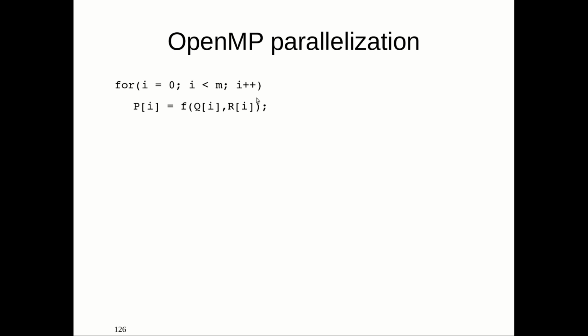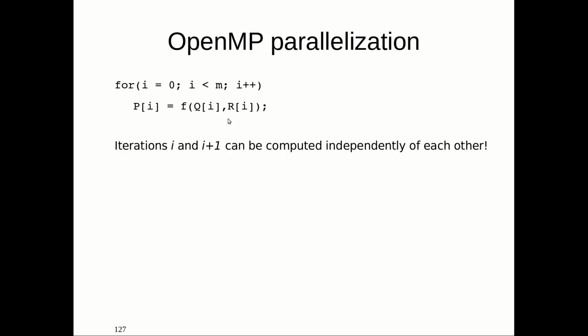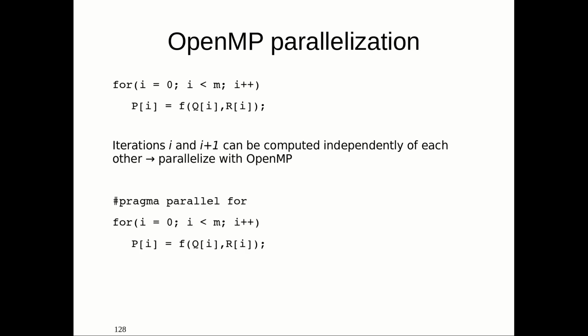Just to show you an example of how that would look in OpenMP. Assume we just have this for loop over the alignment, and at each position of the vector we compute the value of our parent vector p at position I by arithmetically combining the values of the two child vectors q and r at position I. Clearly, by looking at this loop, we see that iterations I and I plus 1 can be computed independently of each other.